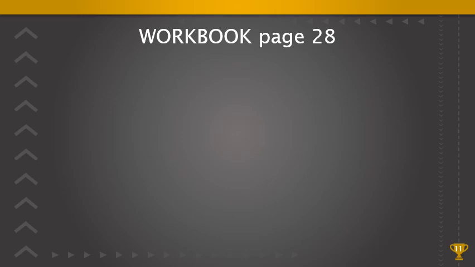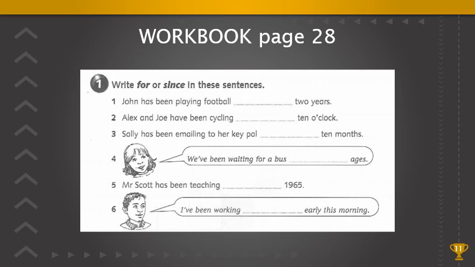At this point, please open your workbook, page 28. Let us now make use of for and since. Let us try to recall the lesson on this. When we use for, we talk about a period of time.